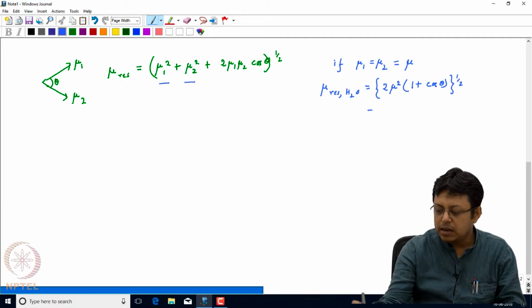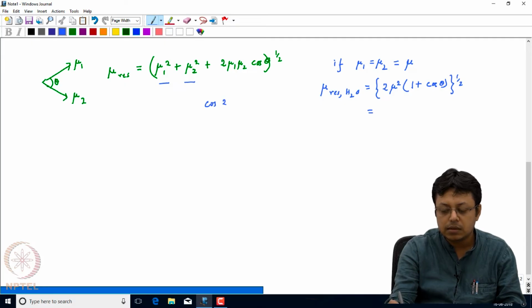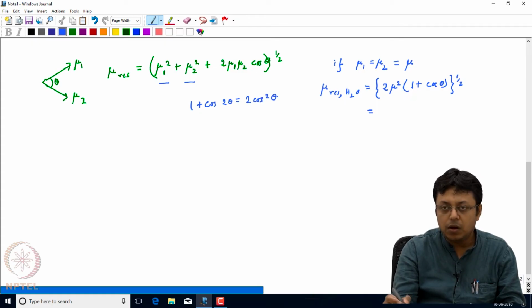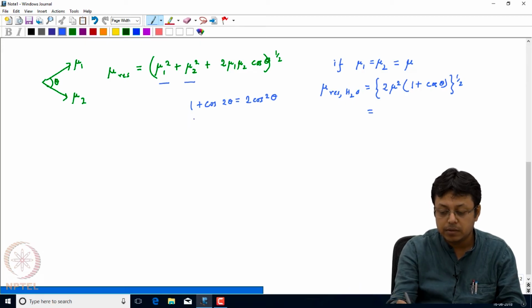Then we can apply the cosine rule, like cosine 2 theta is nothing but 2 cos square theta minus 1. So we can write 1 plus cos 2 theta as 2 cos square theta, or here I can write theta as 2 times theta by 2.